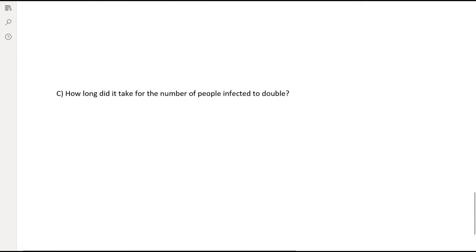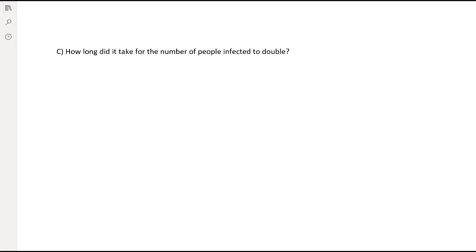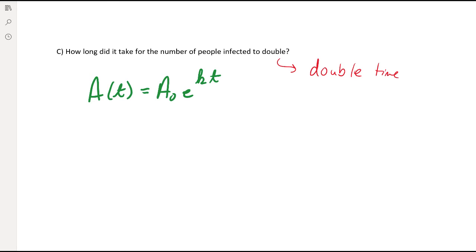All right, how long did it take for the number of people affected initially to double? So this is called doubling time. We want to know how long it takes for the initial amount to double. To see that, I'm going to derive the formula for you. So let me go back to our generic exponential model, A of t equals A0 e to the kt.